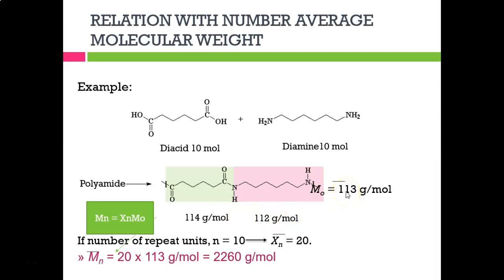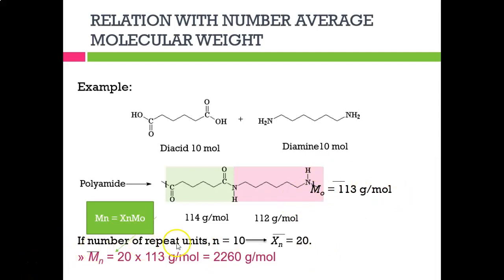Okay, it means half of the molecular weight of polyamide. This is the molecular weight you got, 114 and 112, added together. So to find the average molecular weight of the monomer, which is half of the molecular weight of the polymer in the repeating units, you divide it by 2.